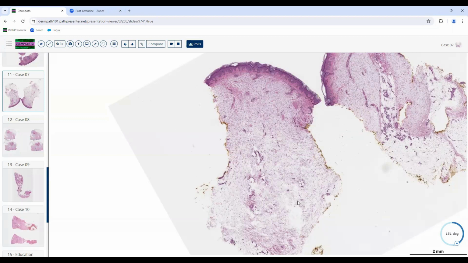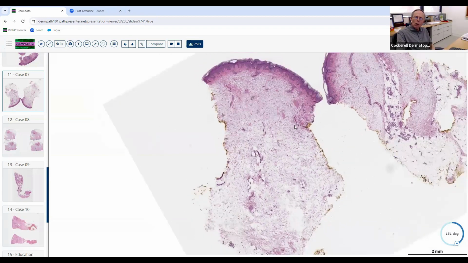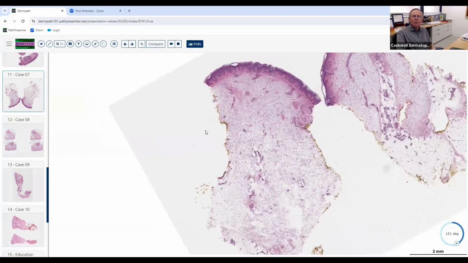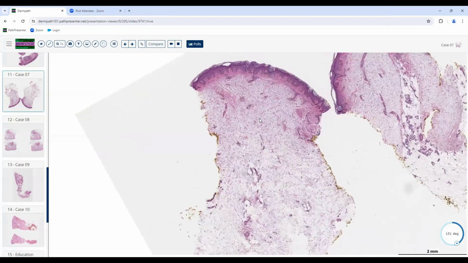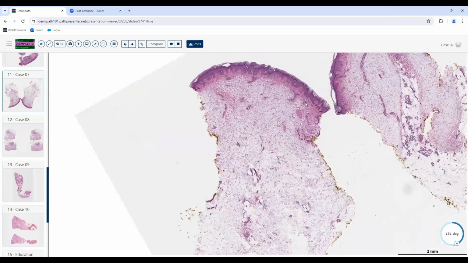It looks like there's all this grayish material instead. Good. What do we call that general process when you see what you just described? I'm not sure of the specific name. A deposit? Okay, like a deposition. Yeah, a deposition disorder.